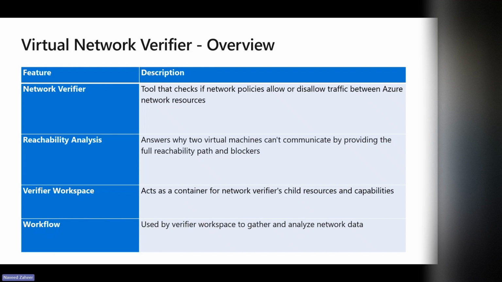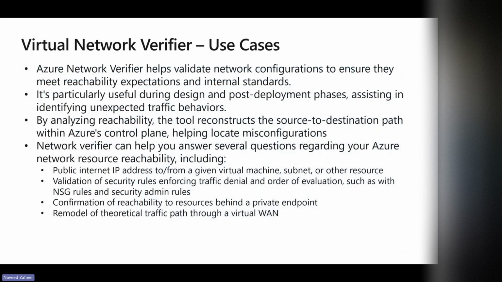And then there is a reachability analysis. Once you set up this verifier workflow, you can run it and capture information to see how the connectivity is happening and whether there are any issues or challenges there.